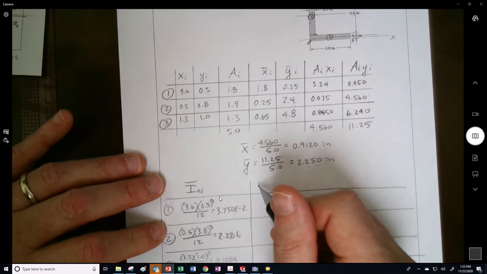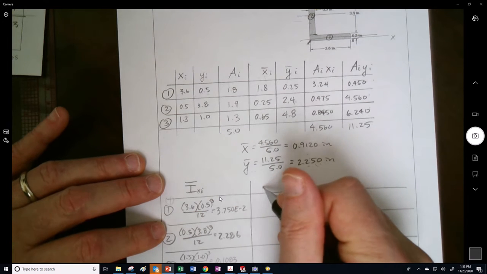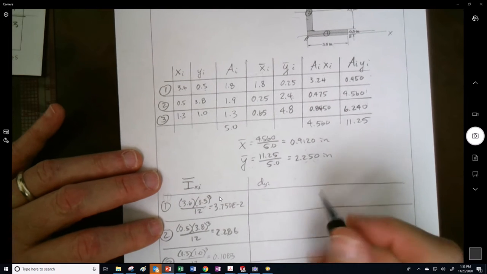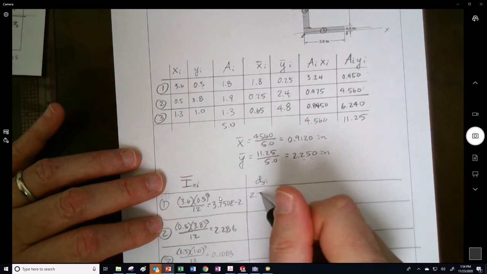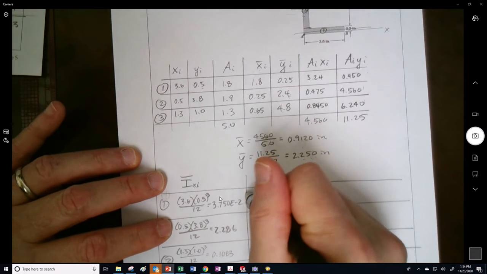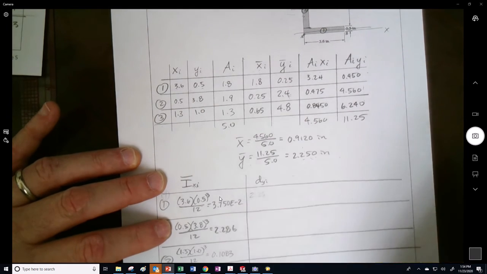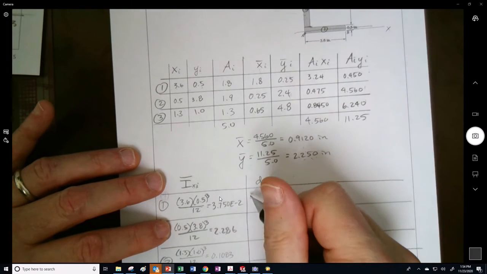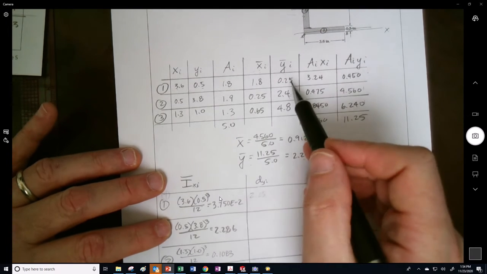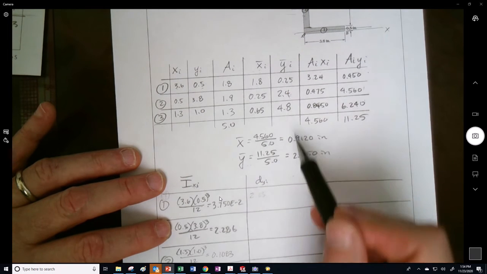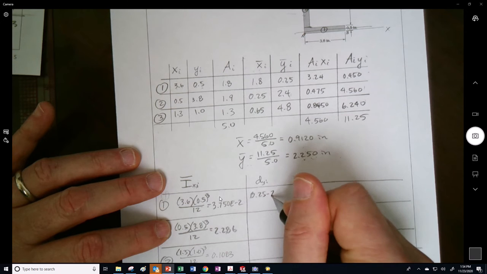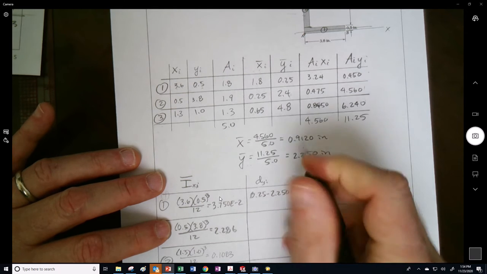Now, I often will make the absolute value of this, but I'm going to leave it alone here and just subtract the two out. So 2.25. Actually, in Excel, we end up getting negative numbers, but they get squared, so it doesn't matter. But here, I'll do it the same way each time. I will take this right here and subtract out that, right? So 0.25 minus 2.25. And we can get that.